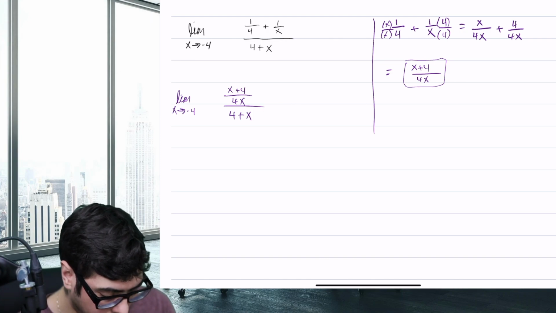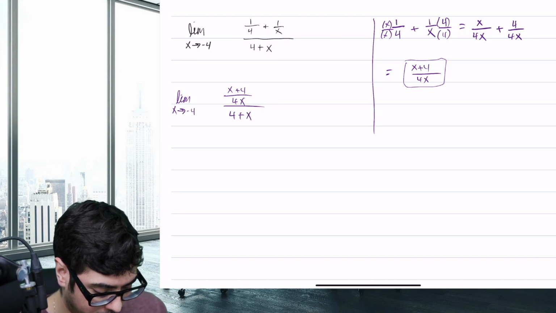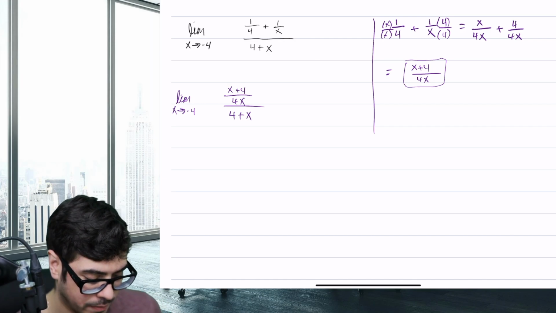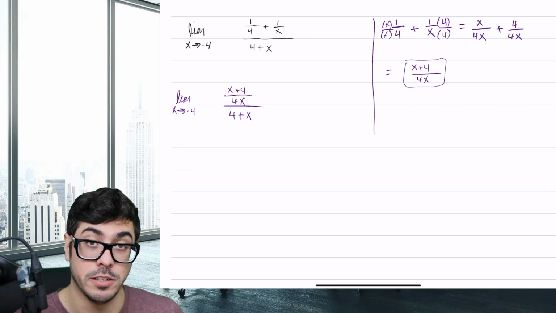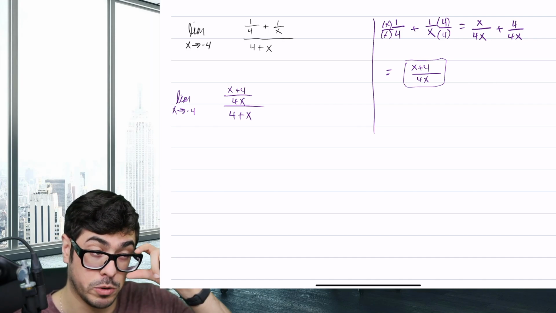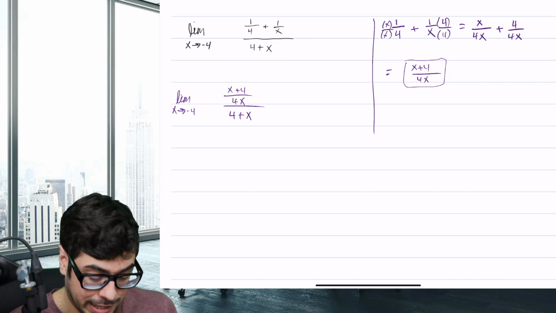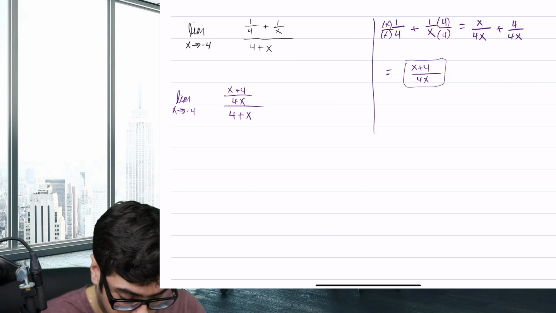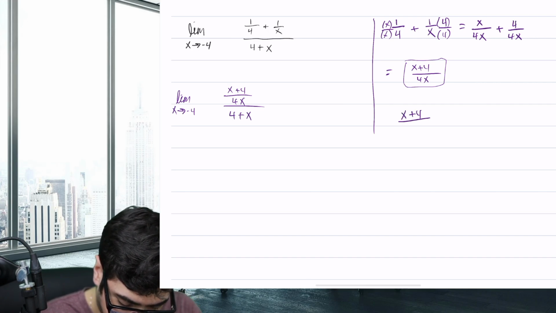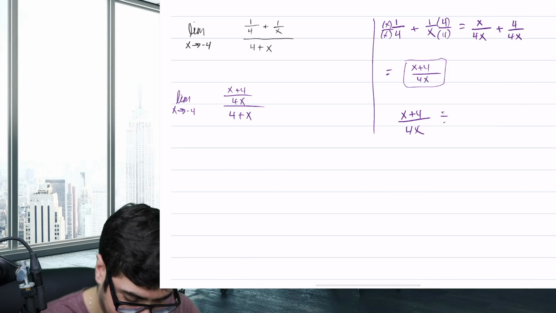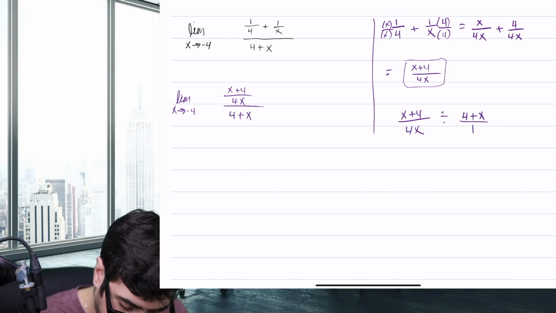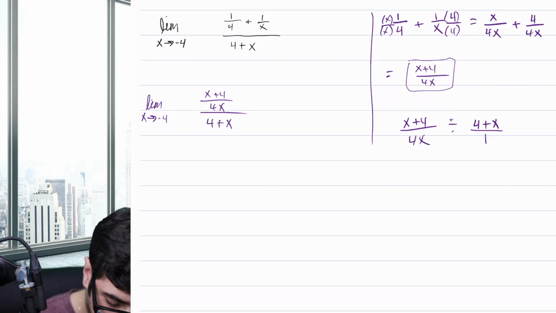Now, I noticed that we have a complex fraction, a fraction within a fraction. We have the fraction on the top all divided by the bottom. When we have this type of situation, we can take the reciprocal, because we're really dividing fractions. We have x plus 4 over 4x divided by 4 plus x, and you can think of that as over 1.